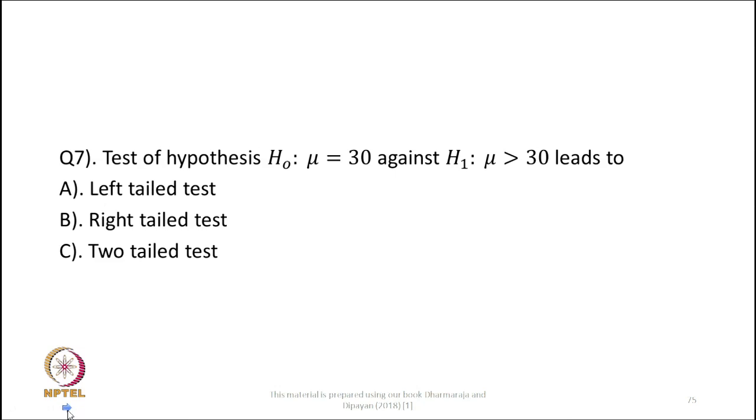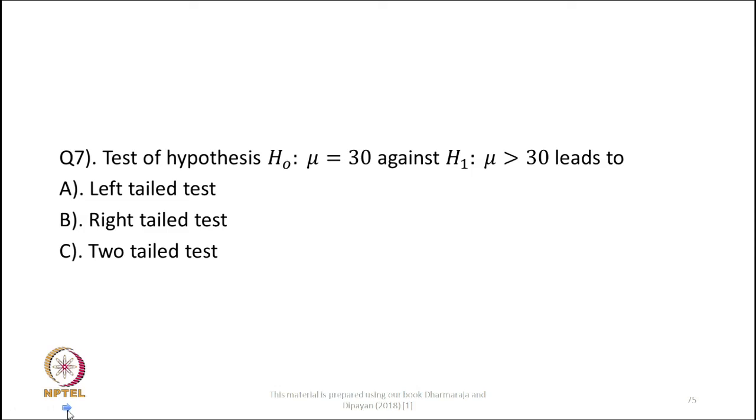Seventh question. Testing of hypothesis, where the null hypothesis is the population mean is equal to 30 against the alternate hypothesis that the population mean is greater than 30, leads to which test: left tailed, right tailed, or two tailed?